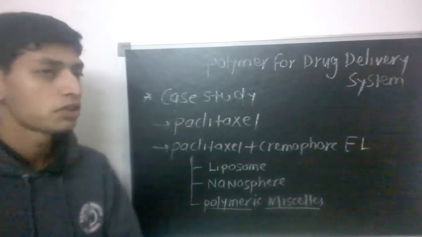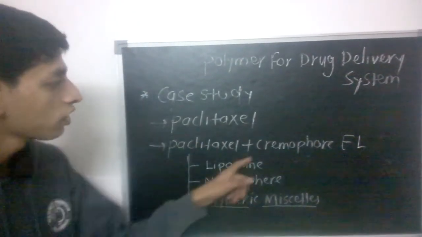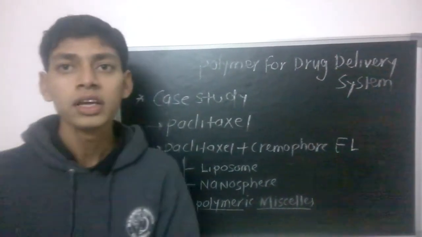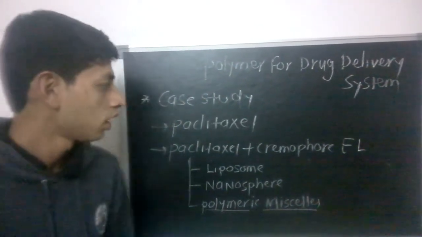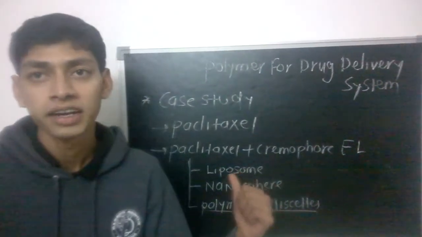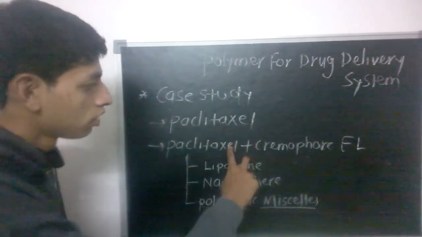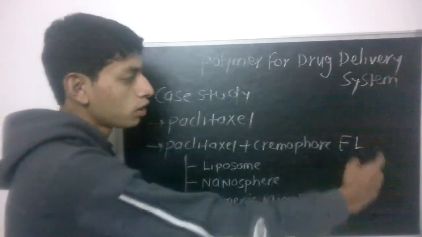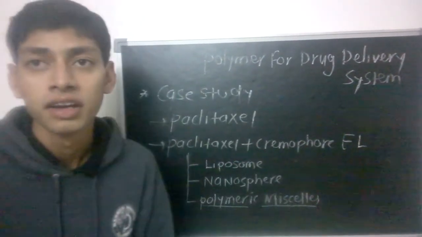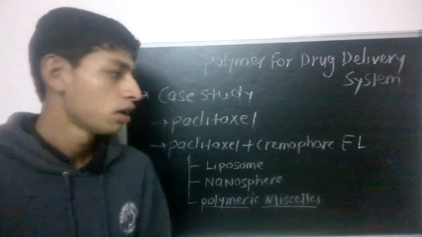Scientists tried to increase the solubility of paclitaxel by using Cremophor EL. Cremophor EL is a polyethoxylated castor oil, a type of surfactant used to increase the solubility of paclitaxel. Whenever this formulation went to clinical trial, it showed toxicity like hypersensitivity, nephrotoxicity, and neurotoxicity.